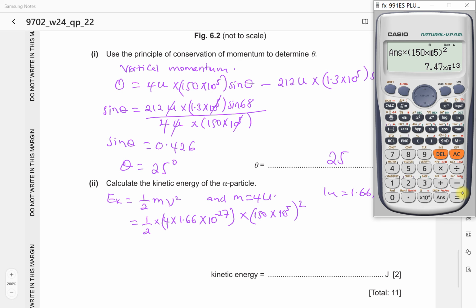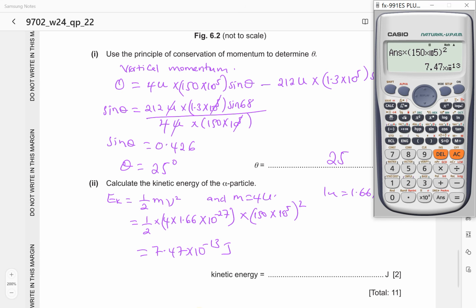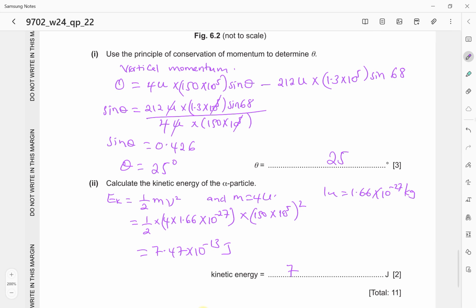So that is 7.47 times 10 to the power of minus 13 joules, which is approximately 7.5 times 10 to the power of minus 13.